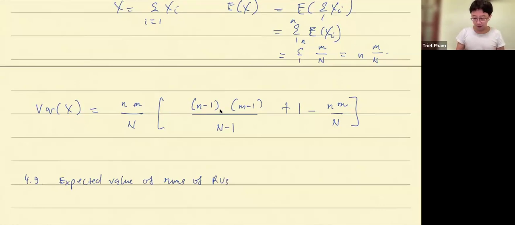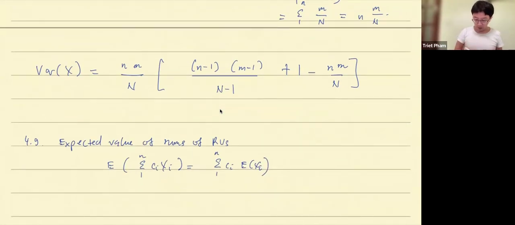And here they exactly talk about what I was telling you all along, that expectation of a sum, or if you will, even a linear combination, will be the sum of linear combination of expectation for any random variables.